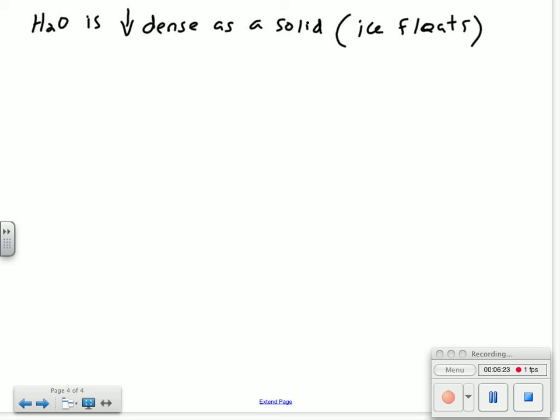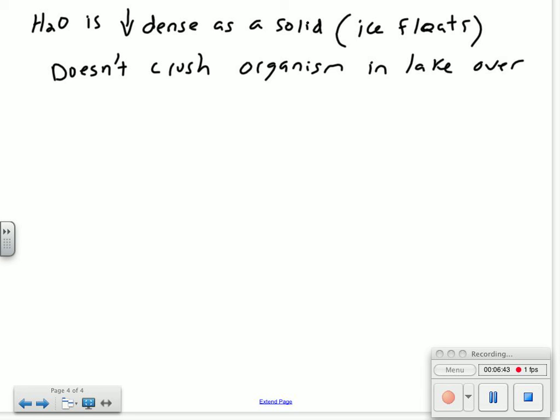Because ice floats, it doesn't crush organisms in lakes over the winter.